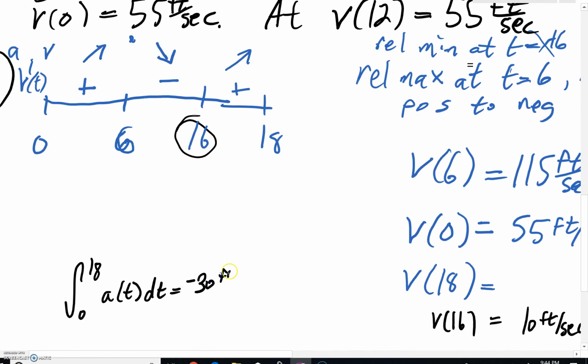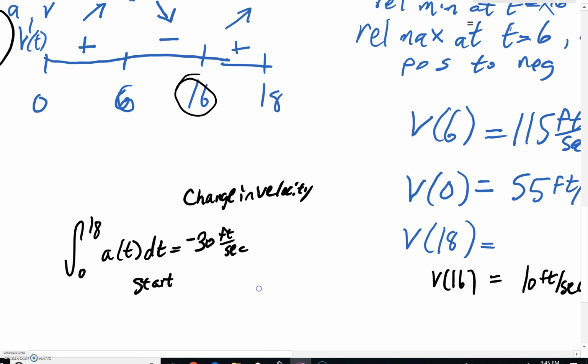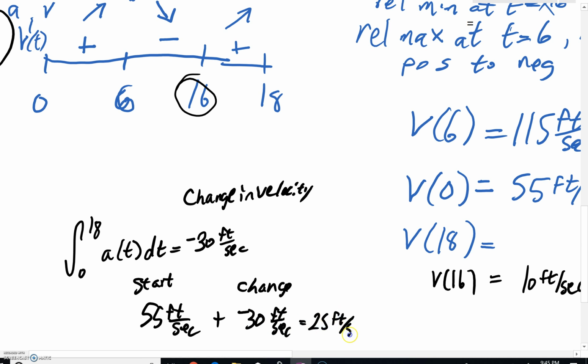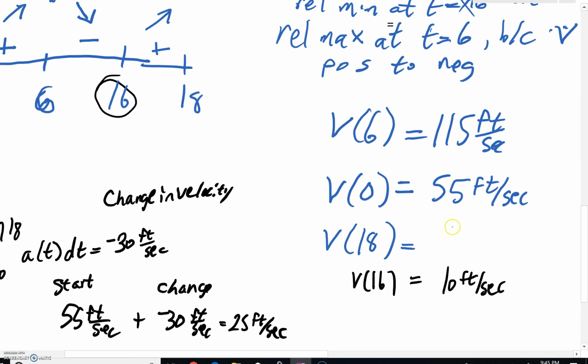That's negative 30 feet per second. What is that? That's the change in velocity on that time interval. So what did we start with? Well, we said it before, we're starting with 55 feet per second. That's what they told us. And then your change, because it's negative, you're going down 30 feet per second. Well, that's 25 feet per second, isn't it? And guys, that's what you have right here.